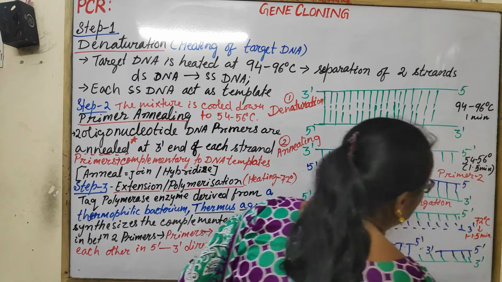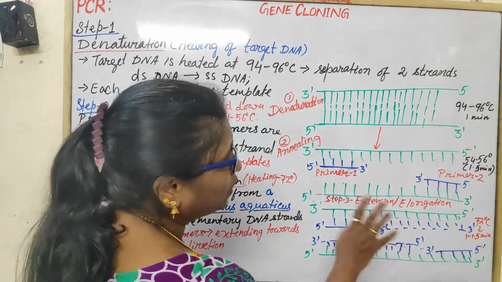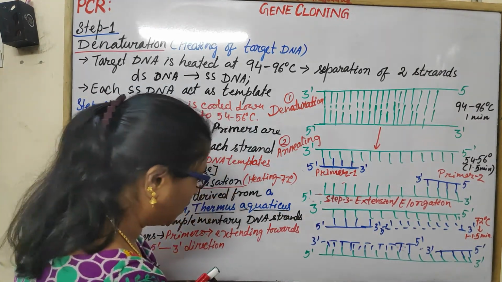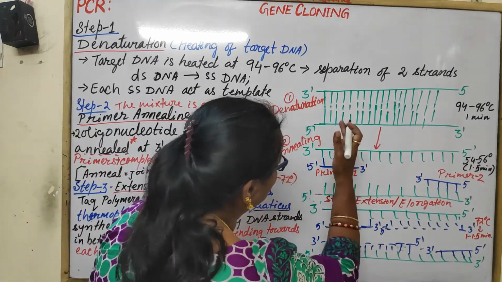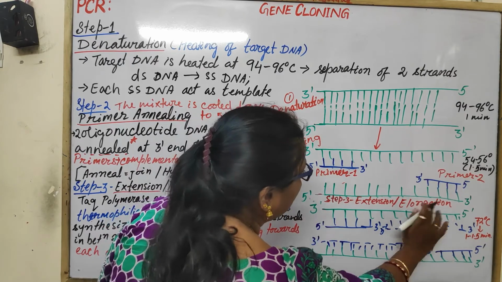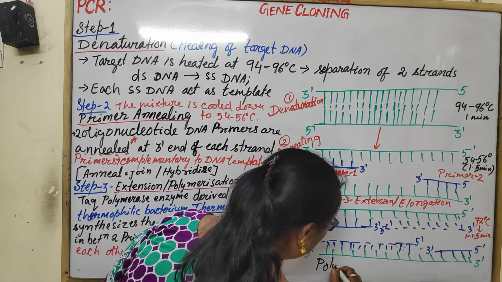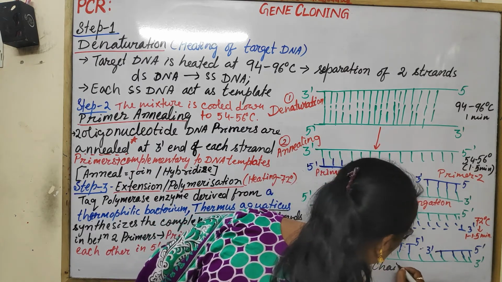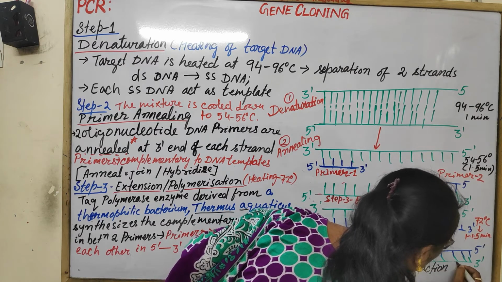The mixture is heated for 1 to 1.5 minutes at 72 degrees Celsius. Here you have to write down the polymerase chain reaction, these are the first, second and third steps of the polymerase chain reaction, or PCR.